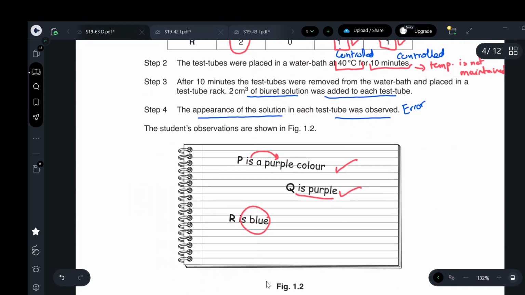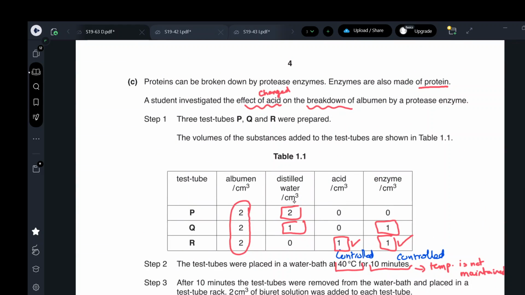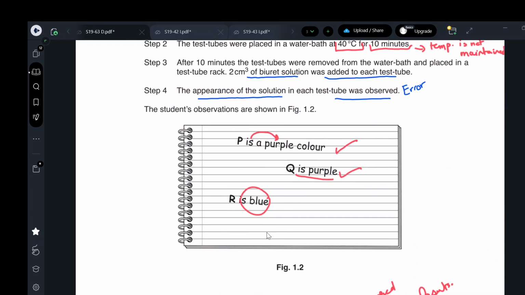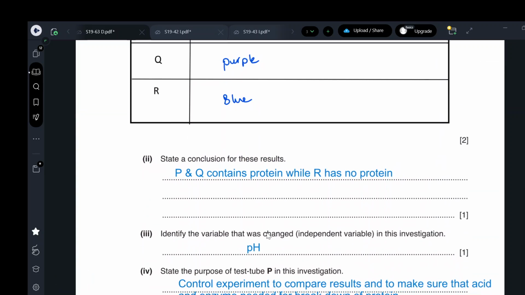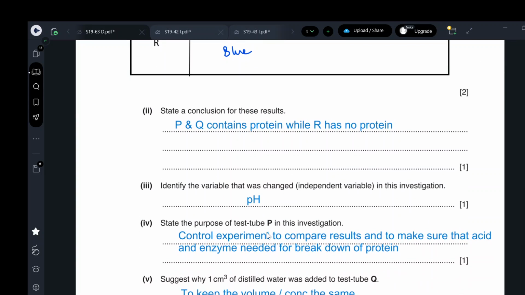If you go back to P, he put the albumin and water only, no enzyme. When he removes the condition under investigation, we say that this is a control experiment. Why did I do it? We write it as 3 points.